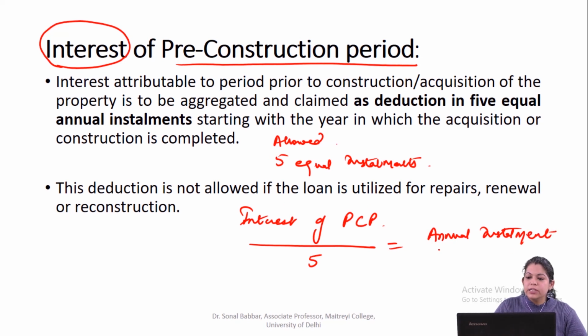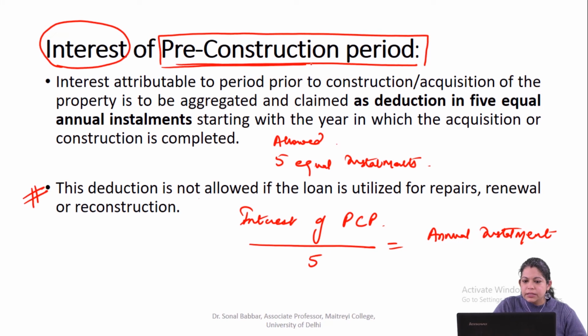And this annual installment will be allowed as deduction starting from the year in which the acquisition or construction is completed. Important point to consider that this deduction is not allowed if the loan is utilized for repairs, renewal or reconstruction. So we are dealing with only the construction or acquisition of the property. And that is why the name given is pre-construction period.